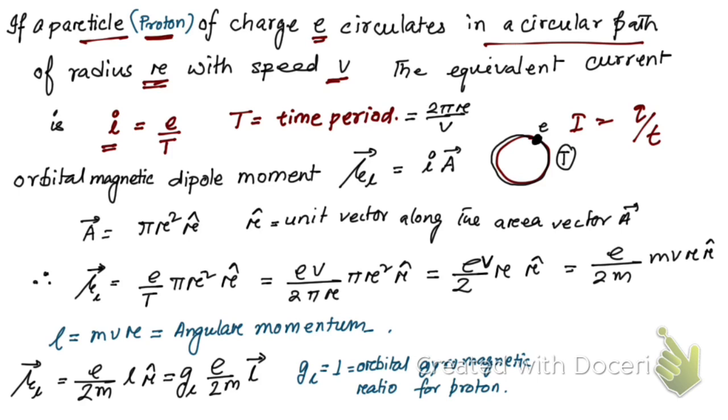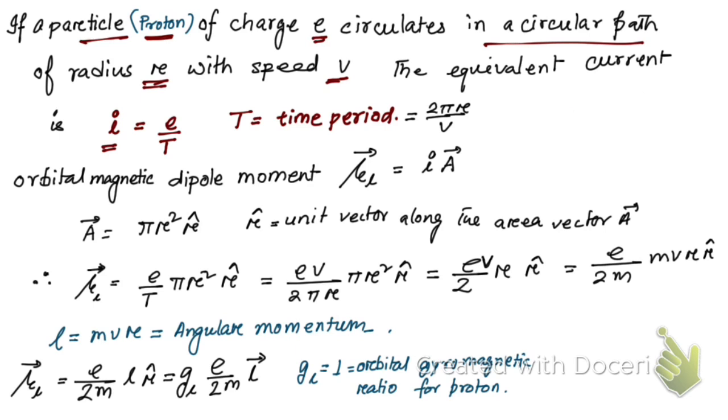Then due to the motion of this charged particle, there must be a current given by I = e/T. Instead of Q we put e, and instead of small t we put T, which is the time period here.